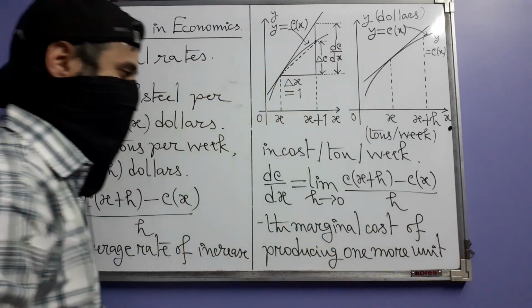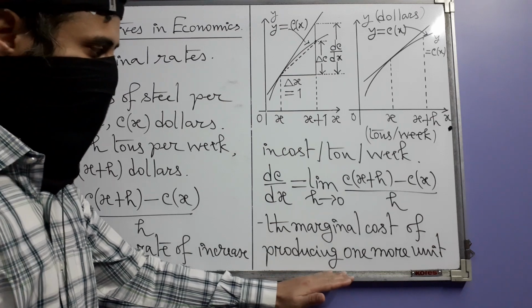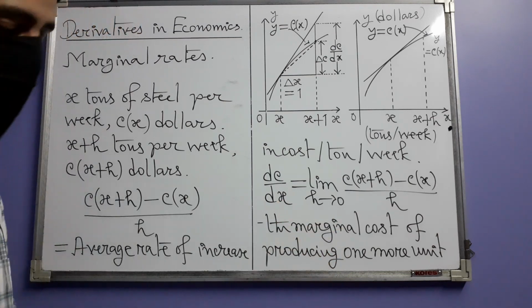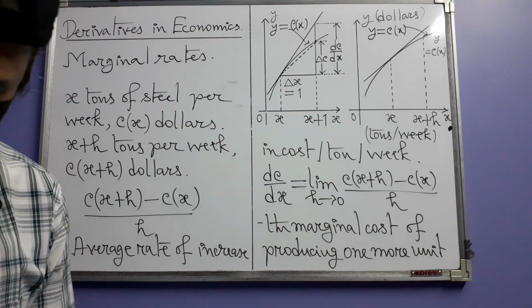One more unit means in this case of producing one more ton of steel per week.